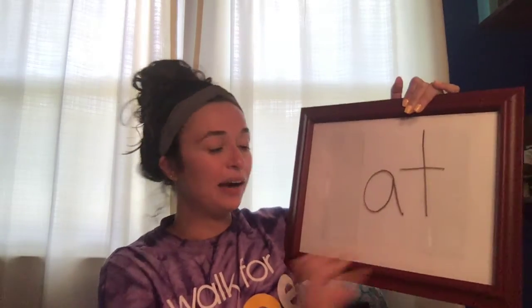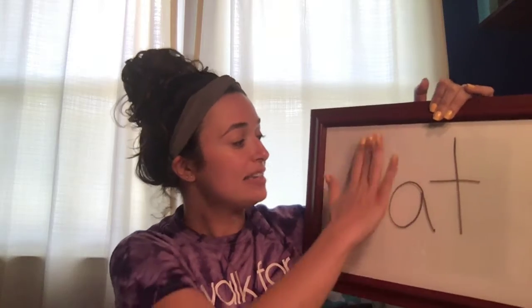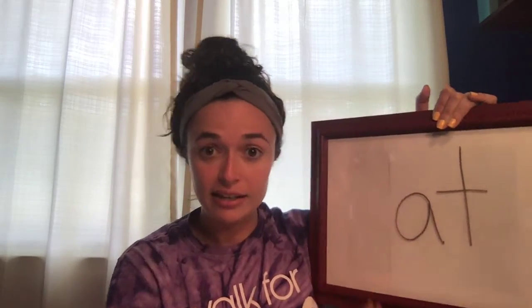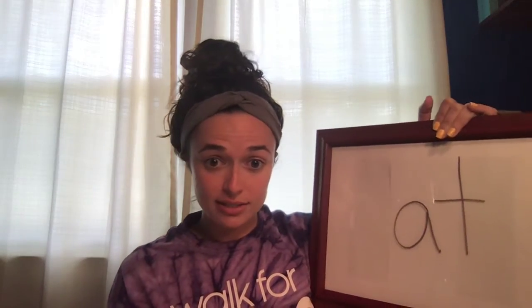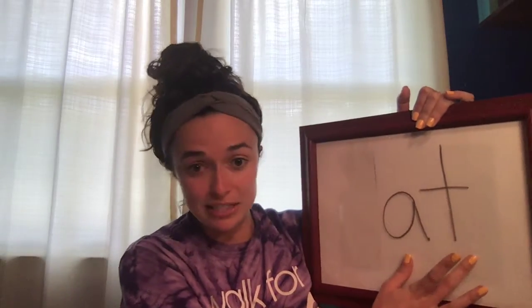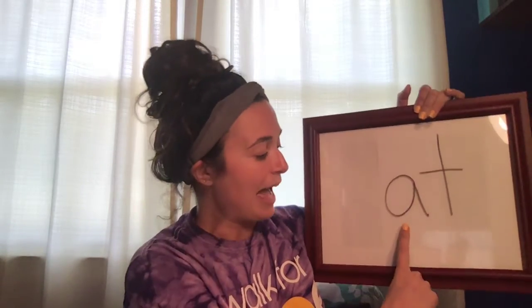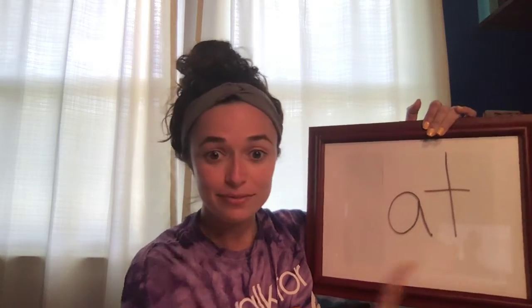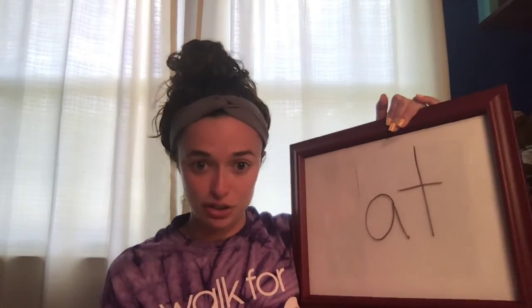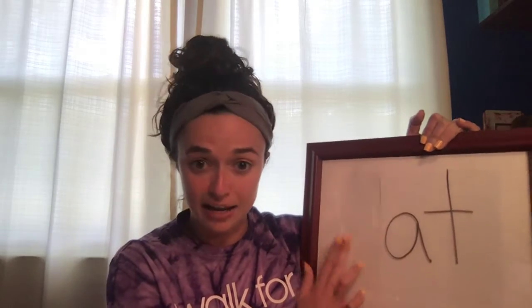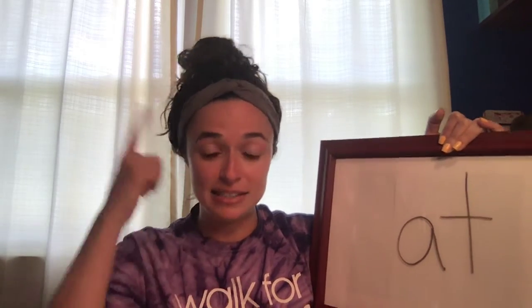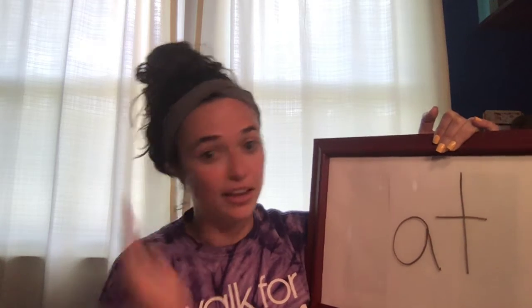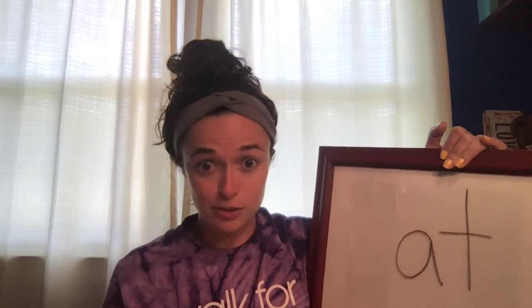And when we have the at word family, we can put different letters in front of it to spell different words. Now we already know how to read this part. Let's read it one more time. At. All right? So now the only thing that you need to pay attention to is what letter I put in front. And you need to think about what sound that letter makes, and you are going to be able to read all of these words.